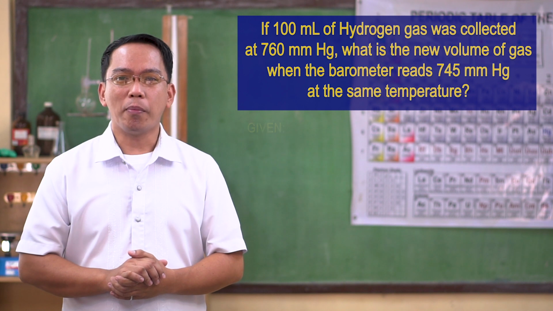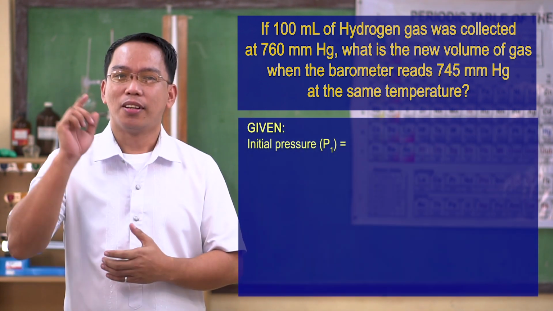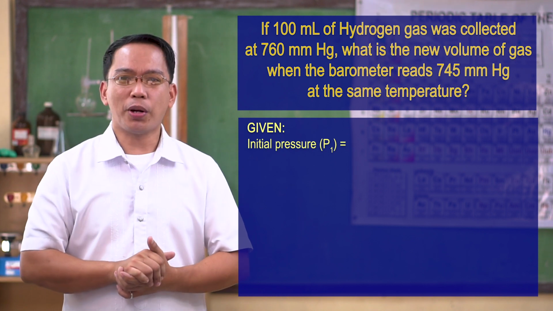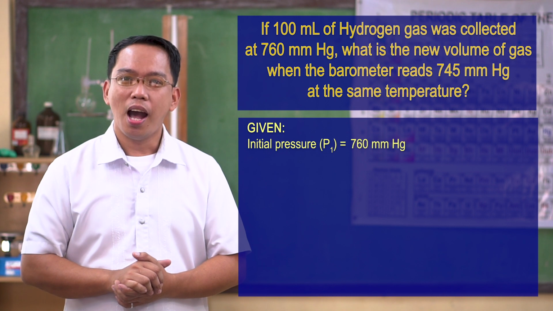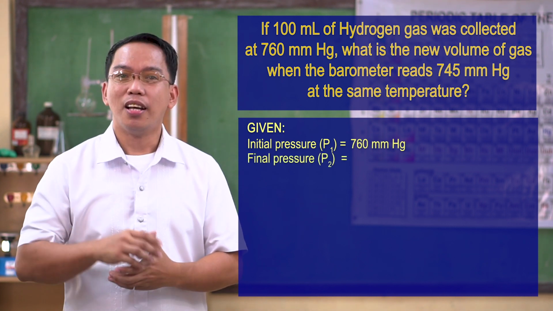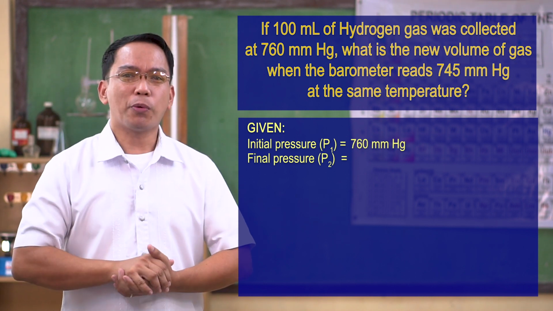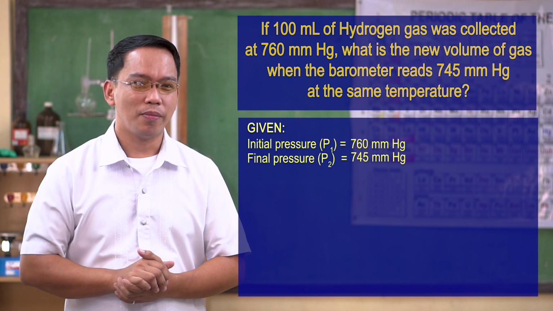In the given problem, what is the initial pressure? Right! The initial pressure is 760 mm of mercury. How about the final pressure? Correct! The final pressure is 745 mm of mercury.